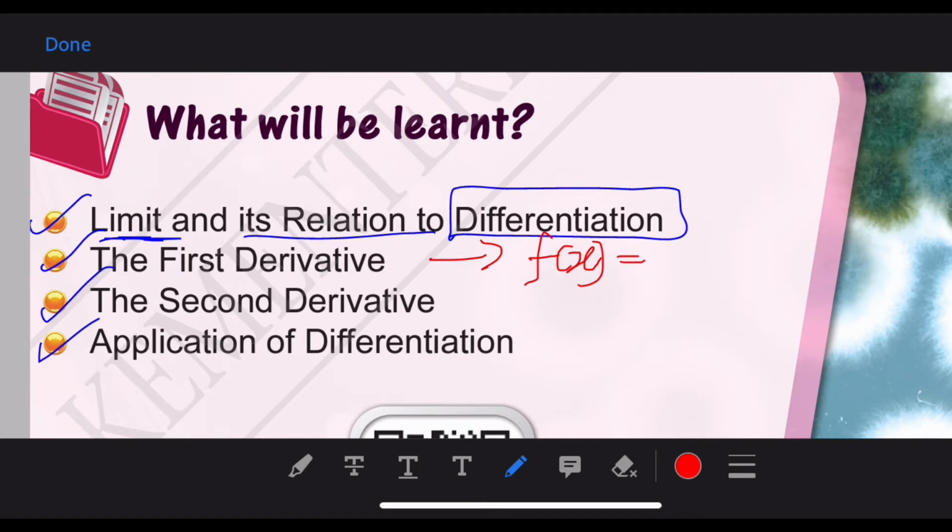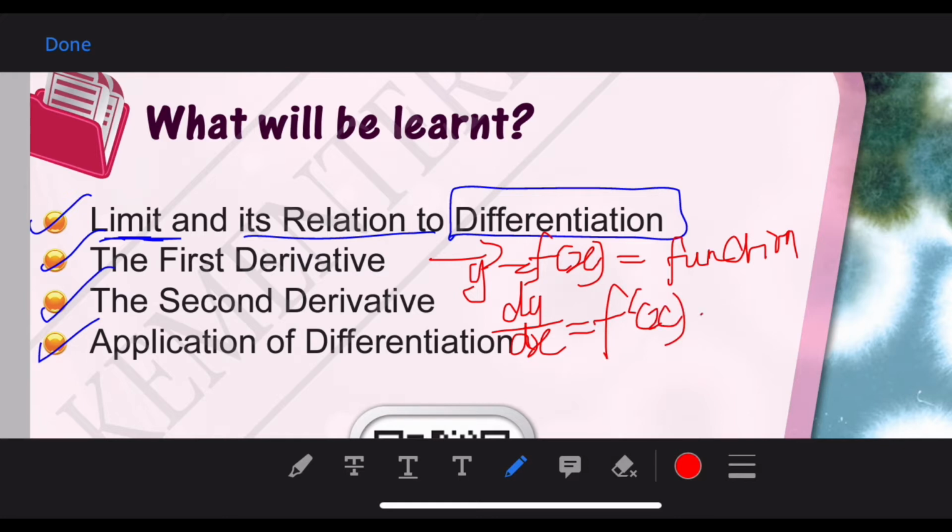Normally for a function we will use f(x), so we can also say this is y. When we do differentiation, we will say dy/dx. Actually we are finding the first derivative. This is the gradient of the tangent to the curve.